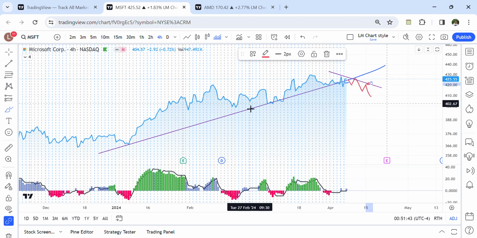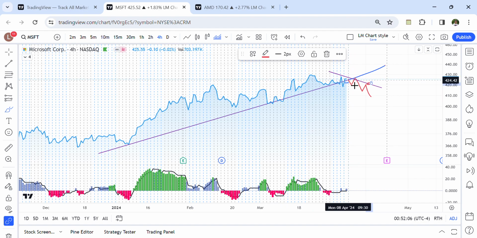If this uptrend line is broken, and even better if the current support is broken, which as you can see is 418, and even better, 414 is your current support. If 414 is broken, you should be able to enter a put direction for Microsoft. Okay, but currently it is in uptrend.